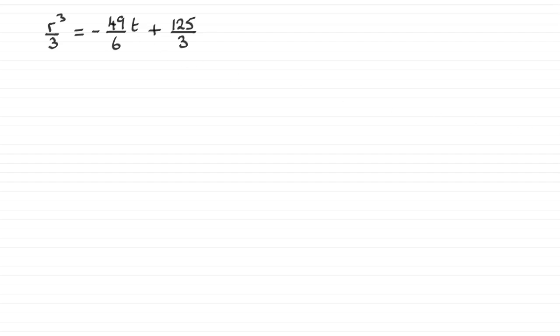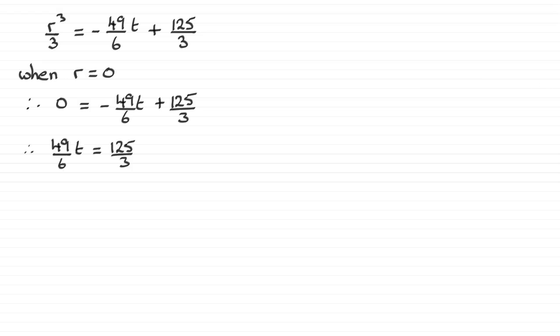So if you were to do that, that is to let r equal 0, substitute it into the equation, you're going to get this result here. Then what I want to do is just add 49/6 t to both sides, and that will give me this equation. Next, I want to times both sides by 6 and divide by 49, and that will give me t.